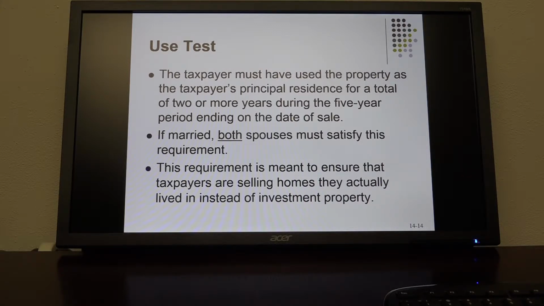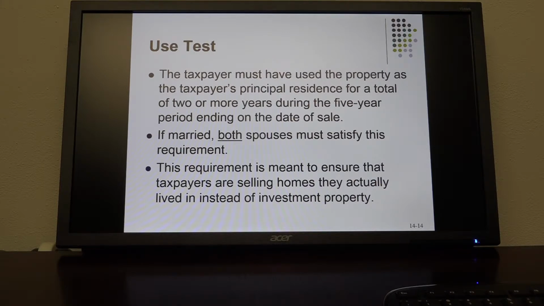So why do you think it says 2 or more years during the 5-year period ending on the date of sale? Well, you may get into a situation where you meet the 2-year ownership test, and you live in it for 2 or more of the 5 years ending on the date of sale.